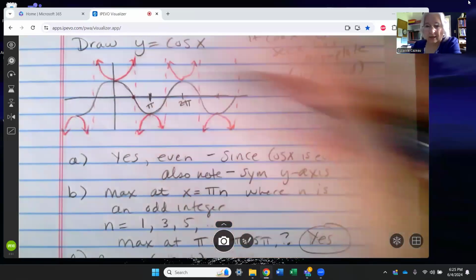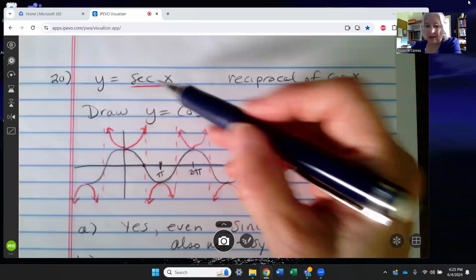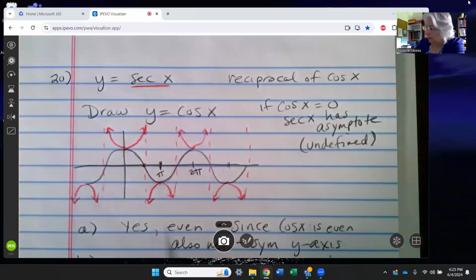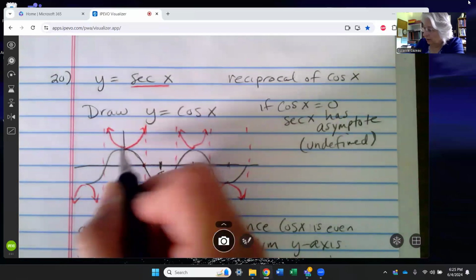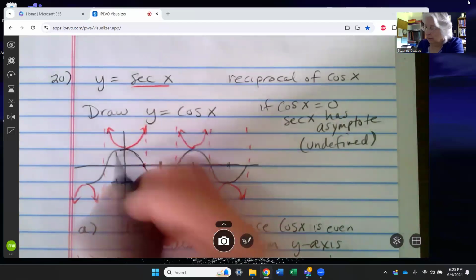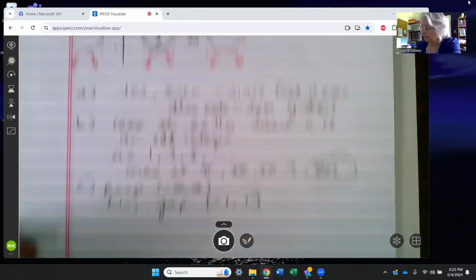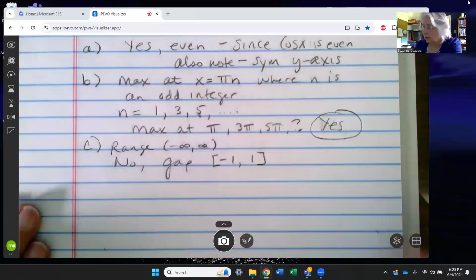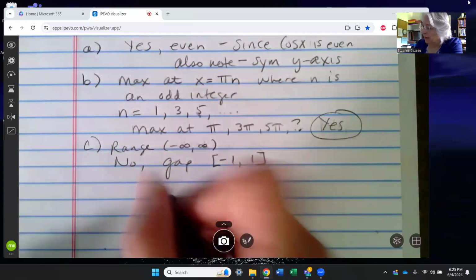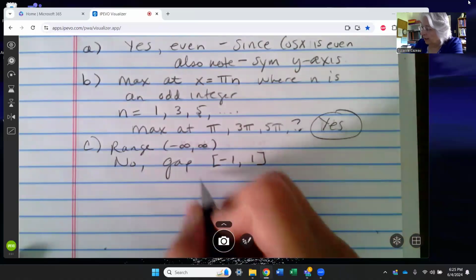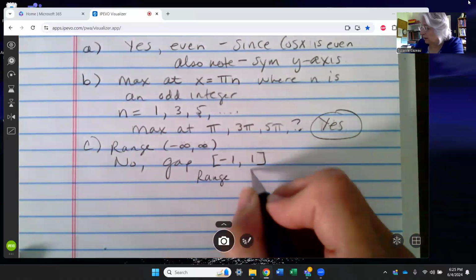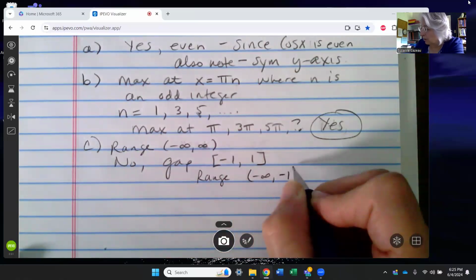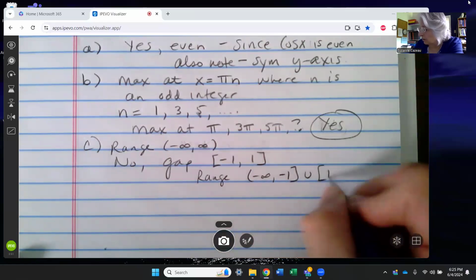There isn't any secant graph in between 1 and -1, right? So there's a gap there. So the range is actually negative infinity to -1, union 1 to infinity.